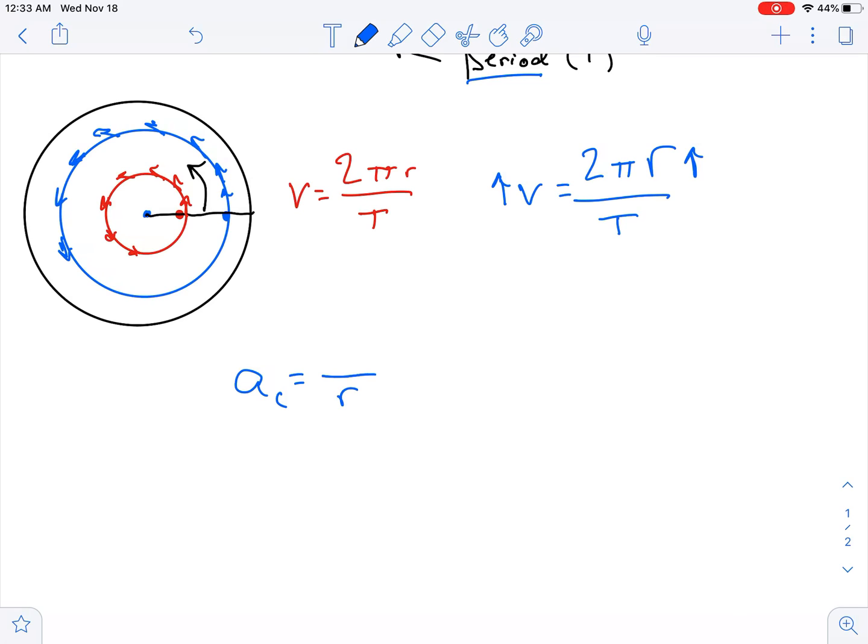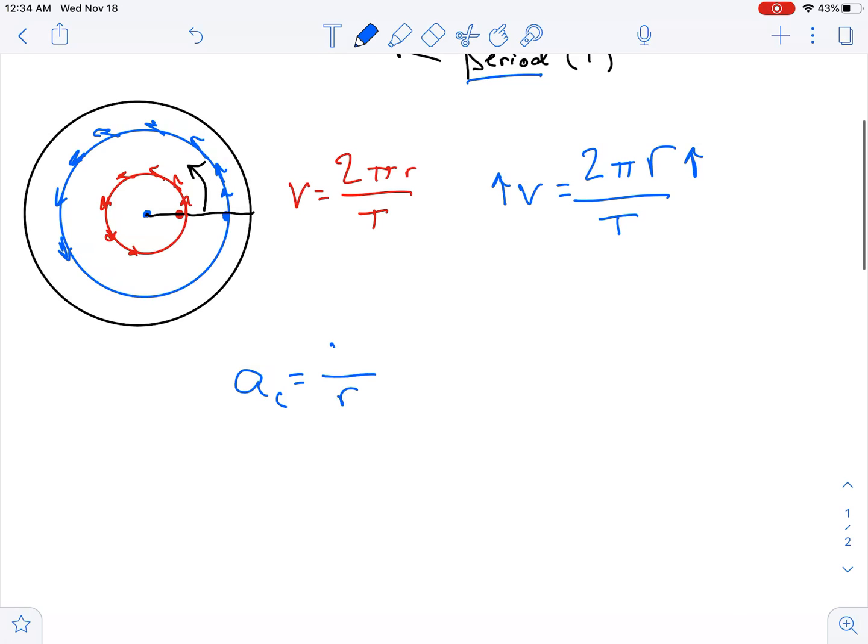The other way that I can look at it is if I only have one size circle, let's take like the rim of the black circle, for example. The other way that I can accelerate more, or change my velocity more, would be to go around the circle faster. I'll change my direction more, I'll accelerate more as I'm traveling around.